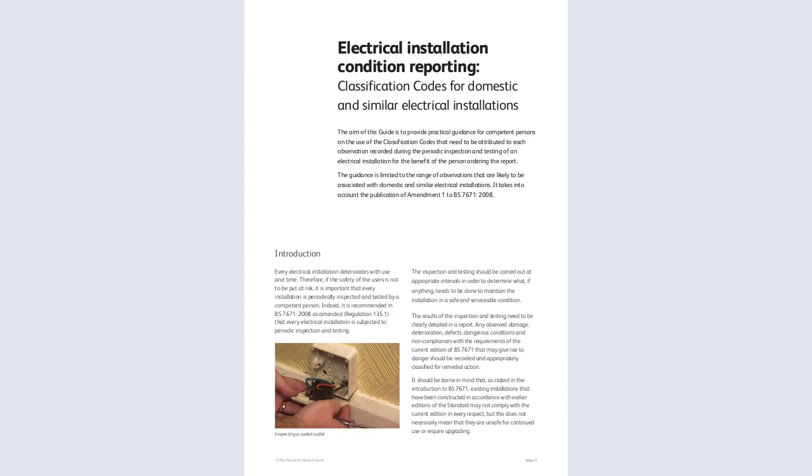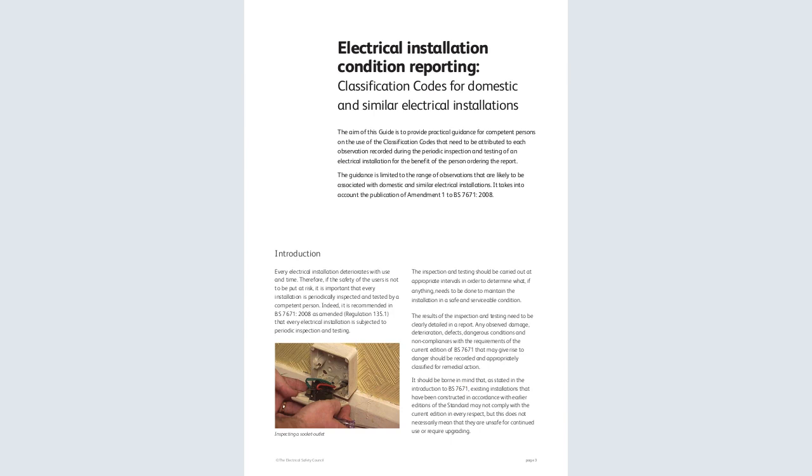Then the BS 7671, that is the code, as per the amendment, says that every electrical installation is subject to periodic inspection and testing. The inspection and testing should be carried out at appropriate intervals in order to determine if anything needs to be done to maintain the installation in a safe and serviceable condition.